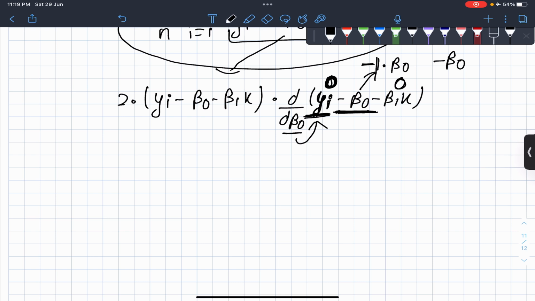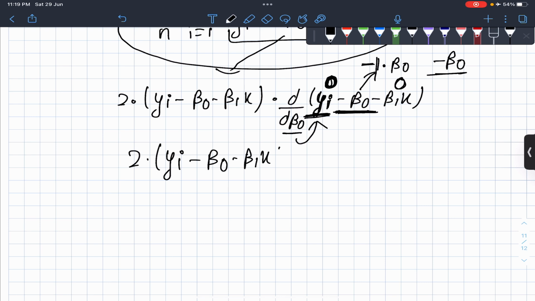And what we find in calculus is how much y changes when x changes. It changed by minus 1. So for y_i, which is constant, the derivative will be 0, and for this one, minus 1, because it is getting changed by minus 1.